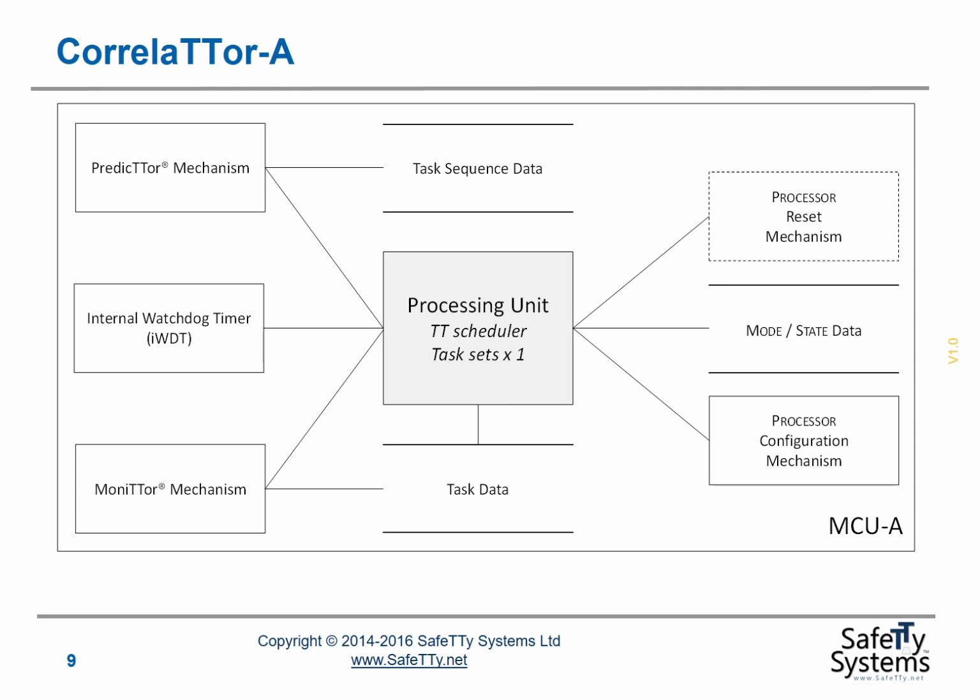So we're storing the task sequence data for our predictor mechanism, we're storing task data that we're also using to run the scheduler and for our monitor mechanism, and we have an internal watchdog timer. So we have no external monitoring components here. We do have an internal watchdog timer, and we do have the internal monitor and predictor mechanism.